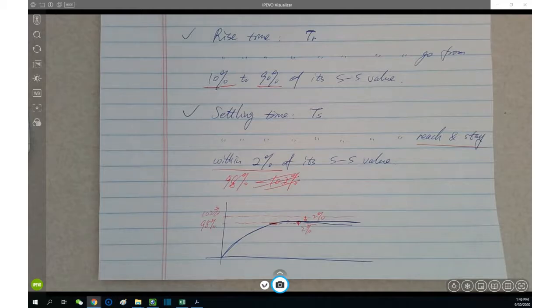But if there's an oscillation in the output, you should. Okay, 98 to 102%. You reach 98%, and after that, it definitely stays within that 2%. Okay. This is a definition for the 3 specifications.